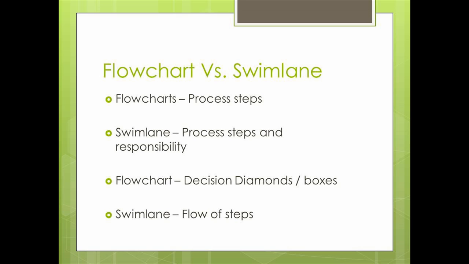In the flowchart, the process flow can be changed based on the output of those decisions. So I would say it is recommended to use a swimlane when the requirement is to show the responsibility, and use a flowchart when the process flow needs to be identified or displayed.